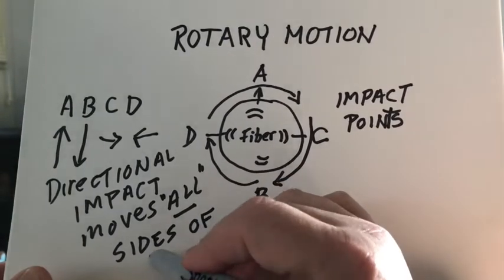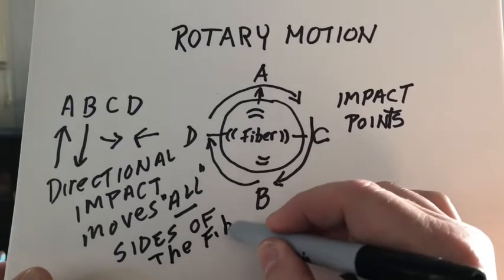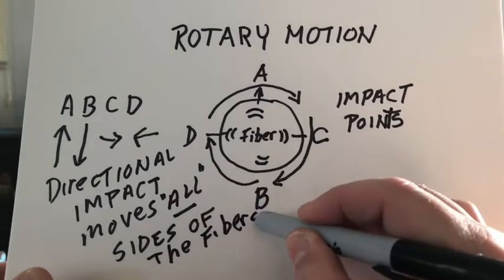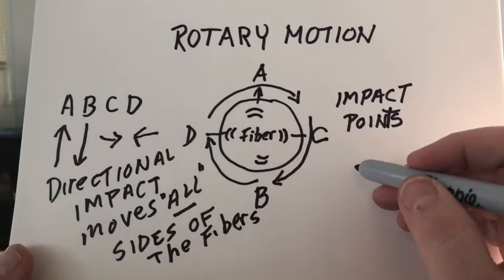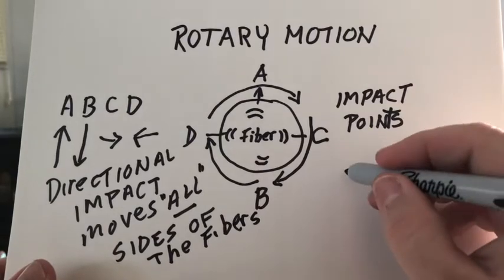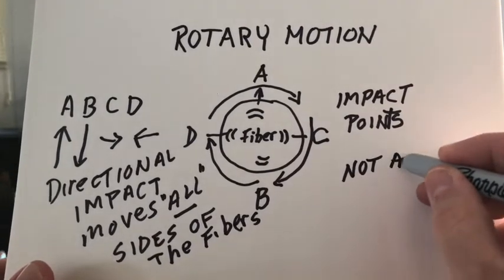Okay? It's just not doing it as quickly as an orbiting motion, because the orbiting has the benefit of those missing spots in between A and C, in between C and B, in between B and D, where it kind of kicks out and moves.